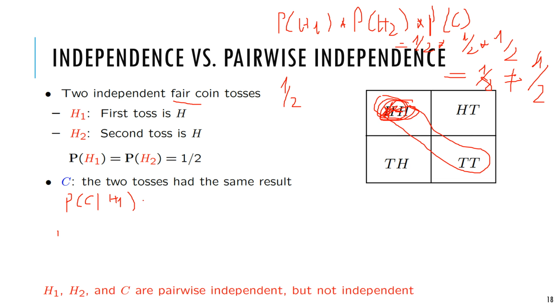It means that the probability of the second toss being heads given the first toss being heads has the same result.